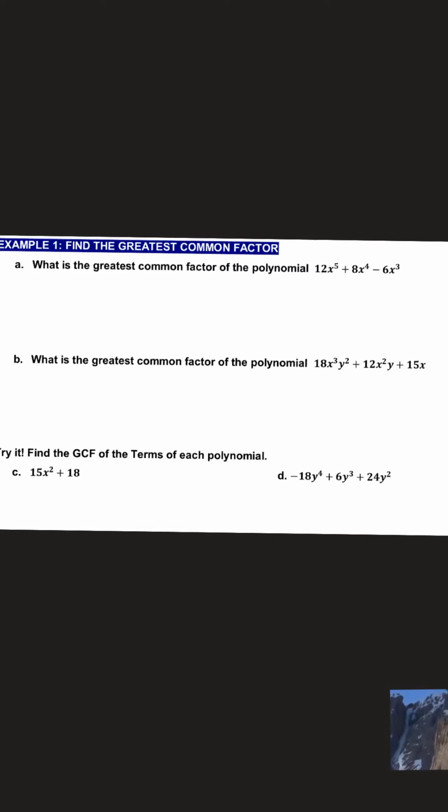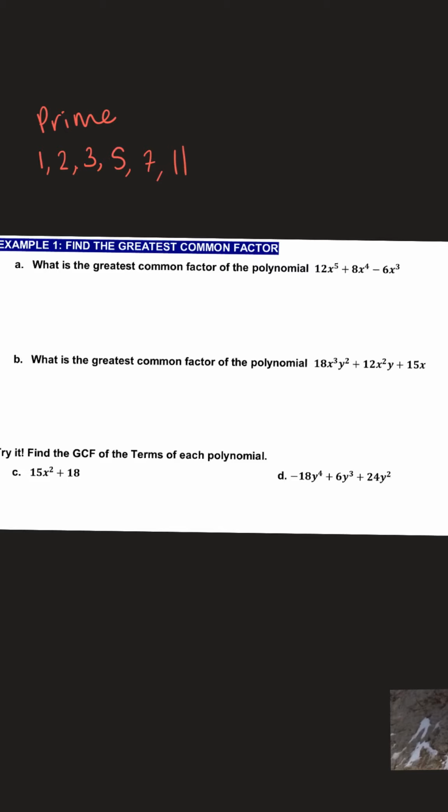So examples of prime numbers are like 2, 3, 4 is not prime because 2 times 2 gives you 4. 5 is prime. 6 is not prime because you can break up 6 into 2 and 3. 7 is prime. 8 is not prime because 2 times 4 is 8. 9 is not prime because 3 and 3 make 9. And 10 is not prime. 11 is prime. So here's just the first couple of prime numbers that we can talk about.